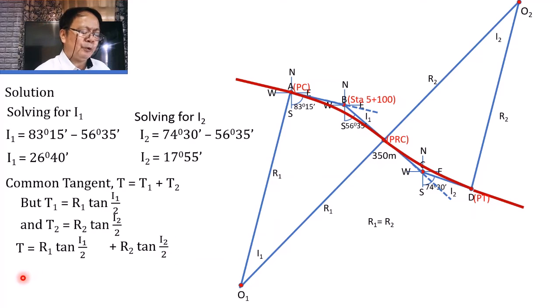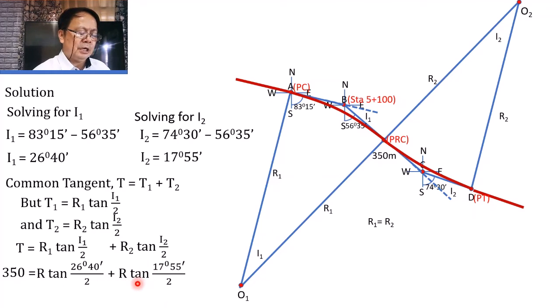So substituting the given value, 350 will be equal to R times tangent of the first angle, 26 degrees 40 minutes, over 2, plus R, the common radius, multiplied by the tangent of the second central angle, 17 degrees 55 minutes, over 2.